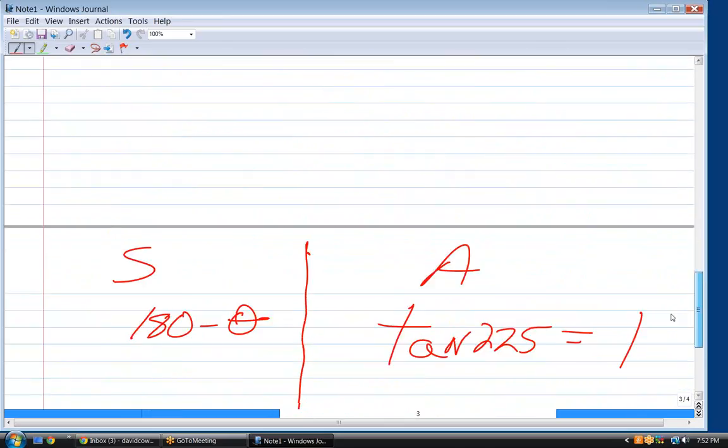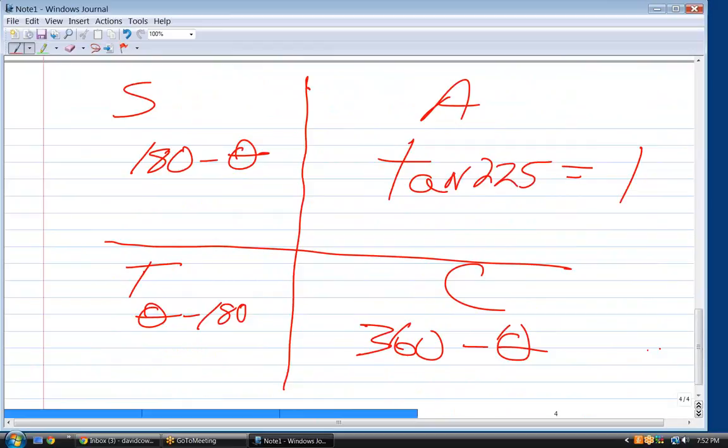And as long as you know all your first quadrant, then you can figure out second, third, fourth, 5th, 6th, 7th, 8th, 9th, 10th, all of them. So no matter what trig function I ask for and no matter what angle it is, as long as it is a multiple of 30, 45, or 60, this technique works great. Much better than memorizing the unit circle. Okay?